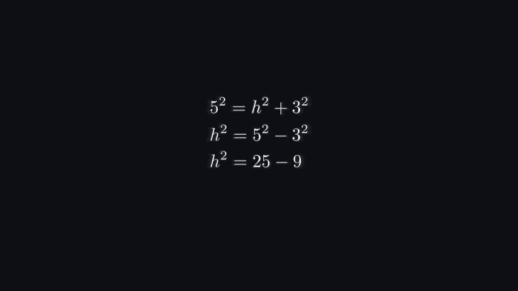H squared equals 25 minus 9. H squared equals 16. Continue the aligned calculation. The next steps are shown one line at a time.